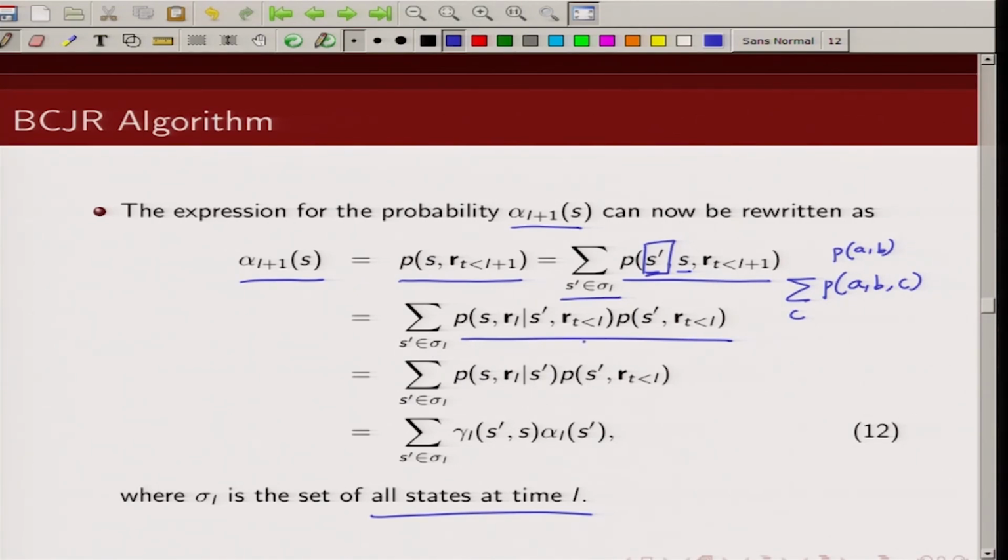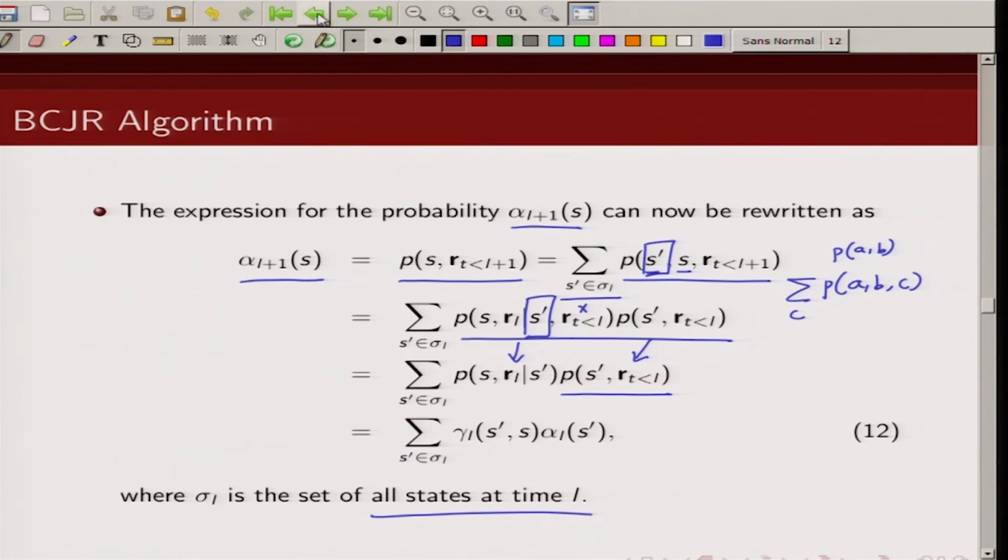Now, again, for the probability of S and R L given S prime and the received sequence at times t less than L, if you know the previous state S prime, you do not need this information. So, this probability can be simplified to this probability, and this is this. Now, what is this term?